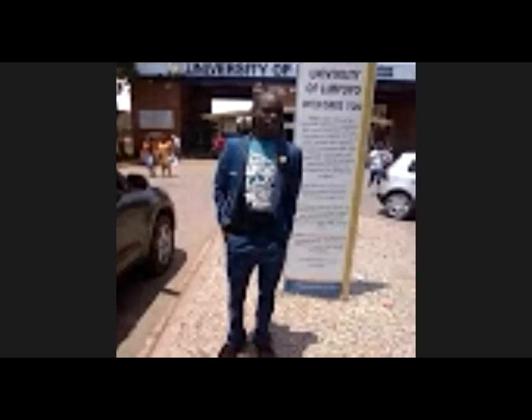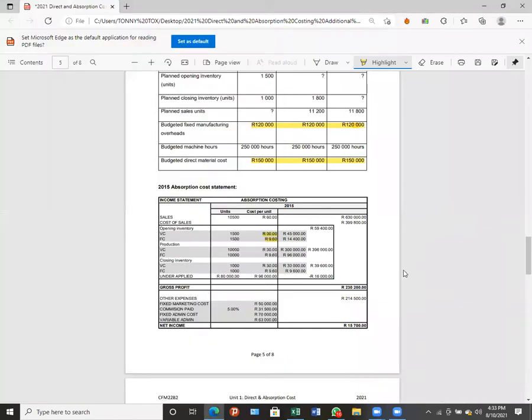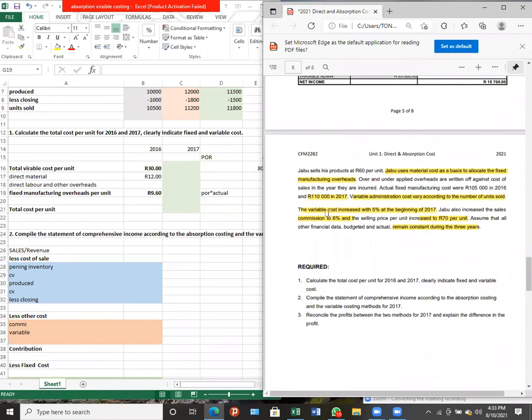Okay, guys, let's continue. Remember, they said the variable cost increased by 5% at the beginning of 2017.